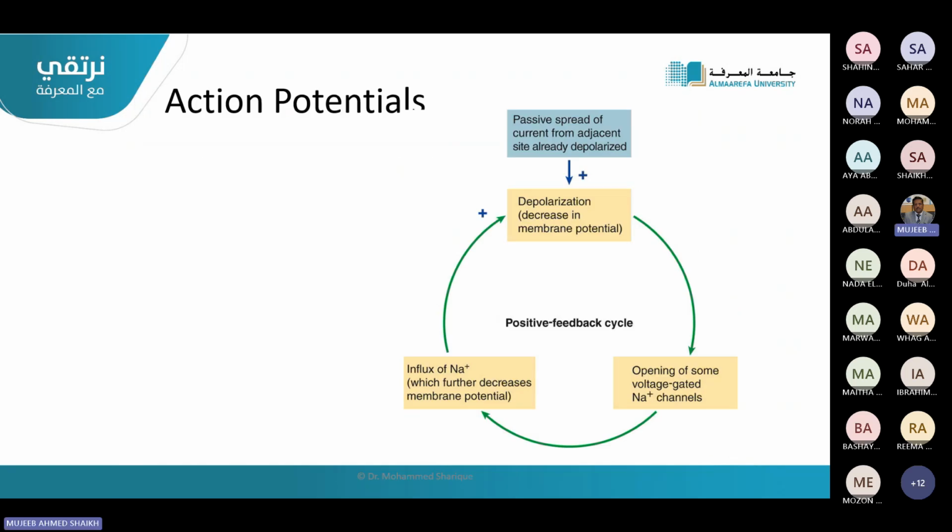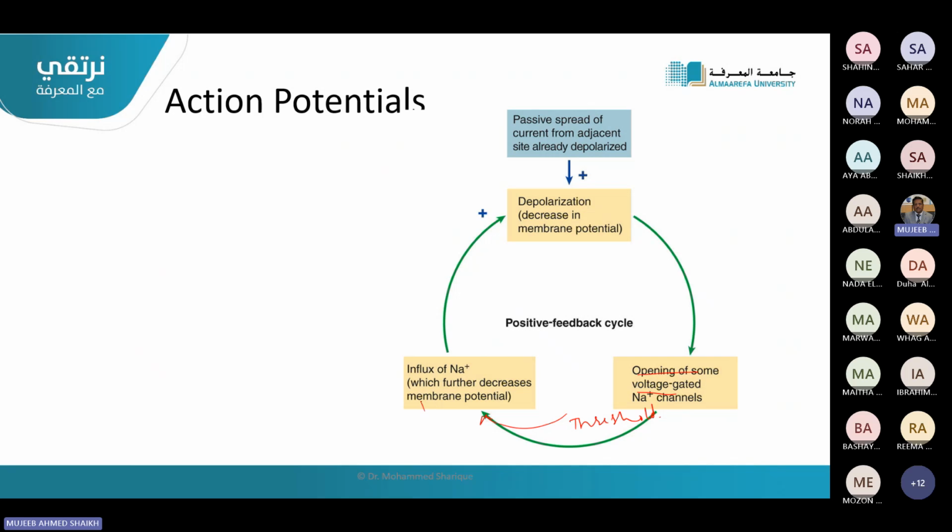So action potential is produced in this fashion, in the form of a positive cycle. It starts with the opening of some voltage gated channels, this is the threshold, the minimum required.